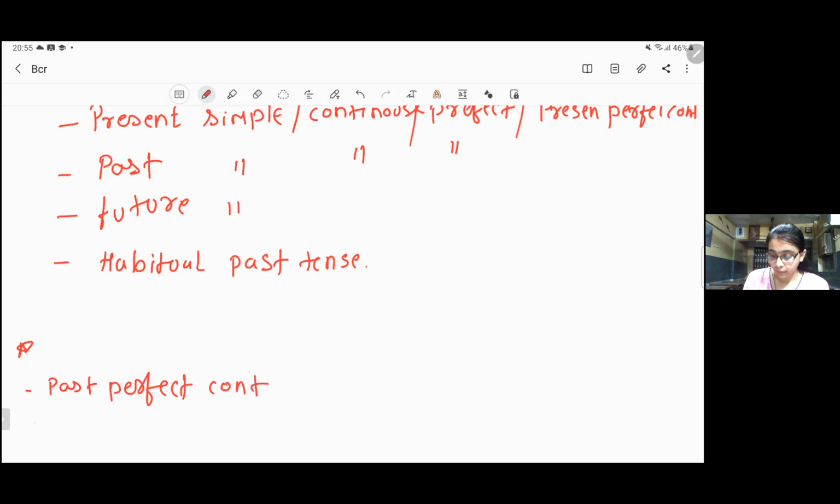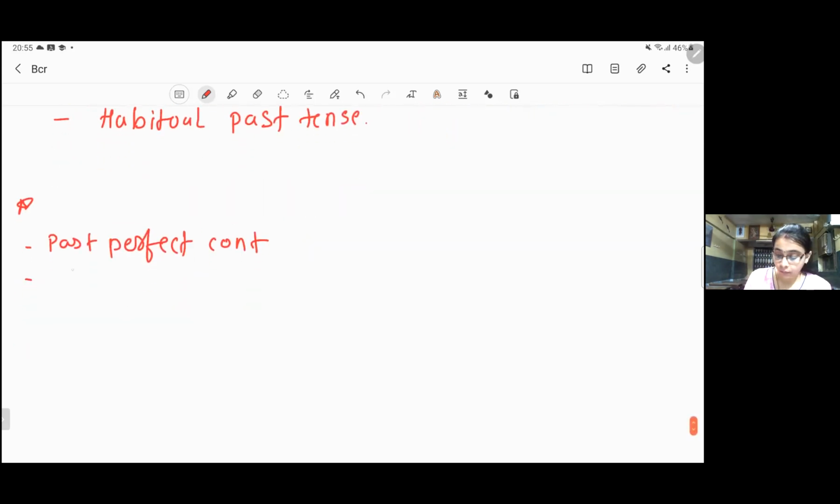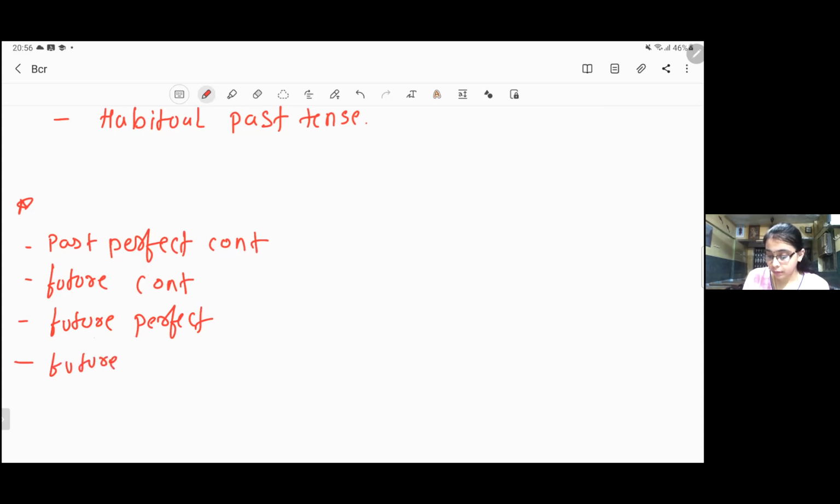Next, future continuous, future perfect, and last is future perfect continuous. Done. This is your tenses summary.